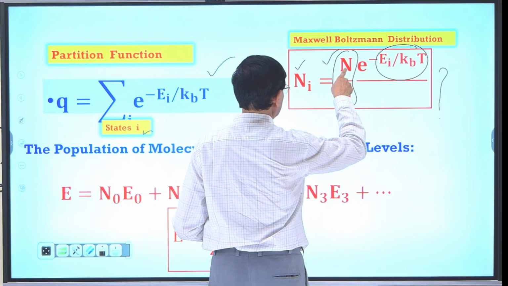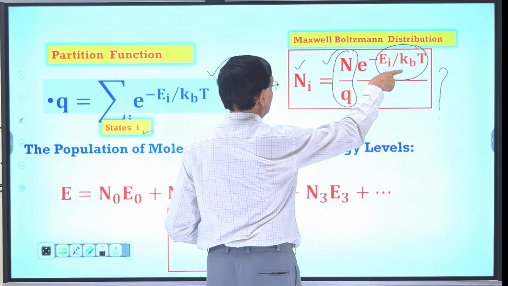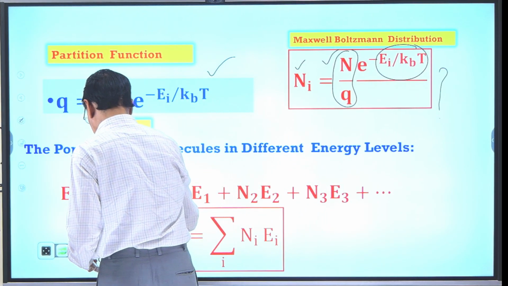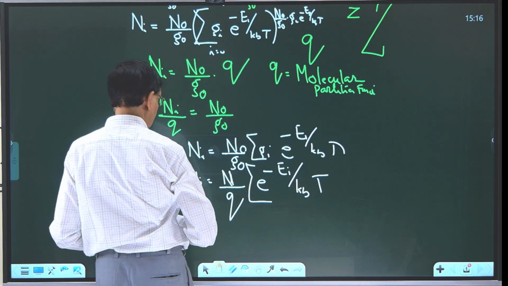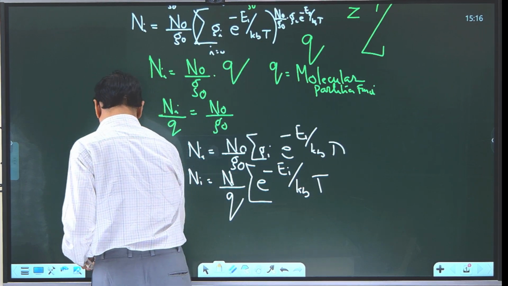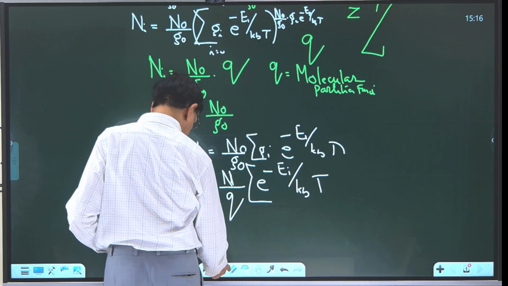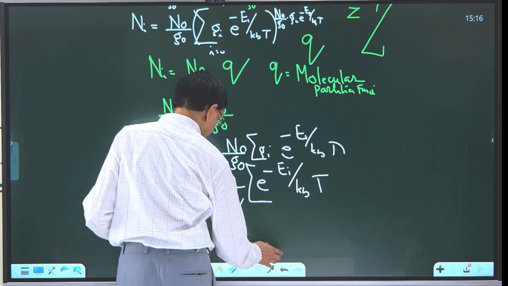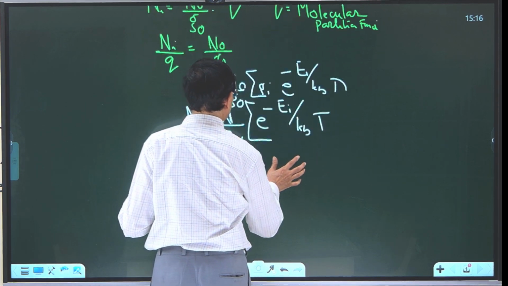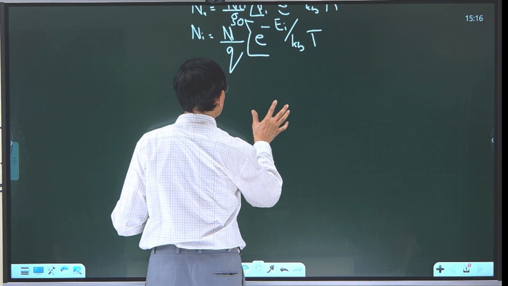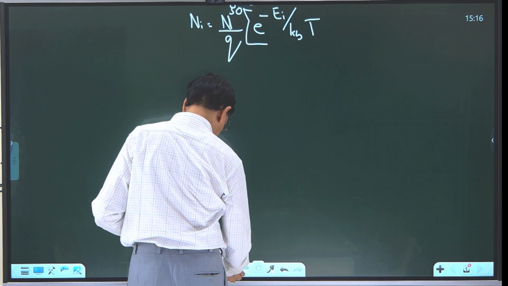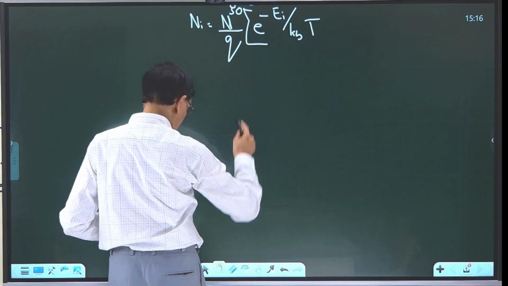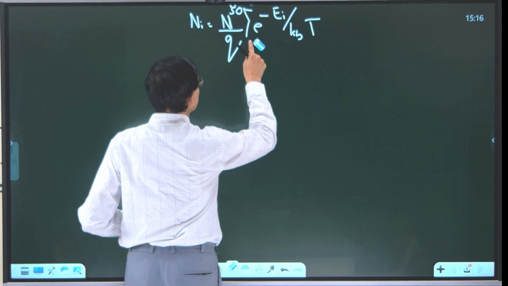Here, like that, N by Q. So what I am getting is that summation is not required here. Summation is not required.